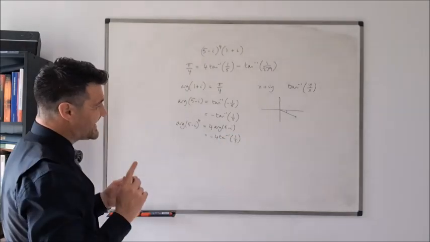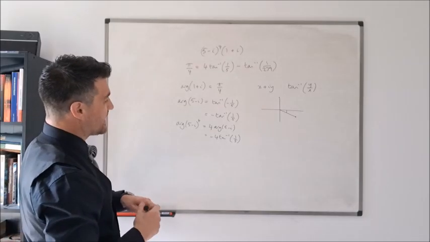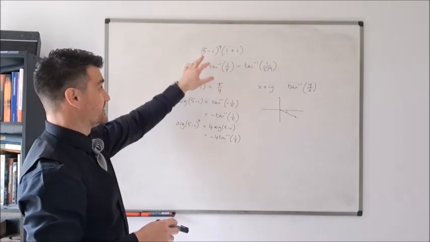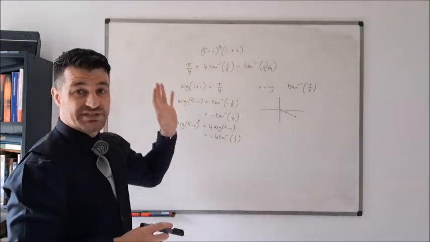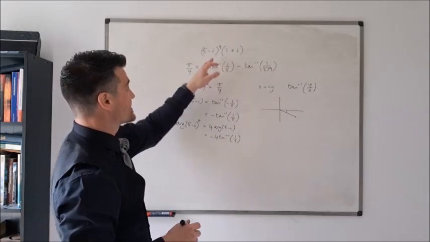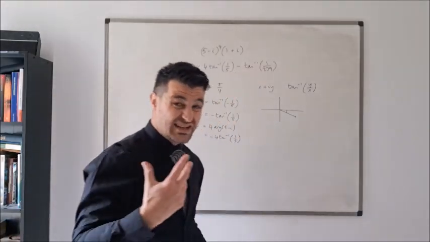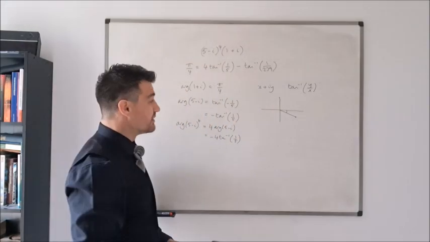So the clue here now, in my opinion, is to actually multiply these together, to find out which specific complex number in the form x plus iy this is equal to. It does take a little bit of work, but it's not too onerous really.